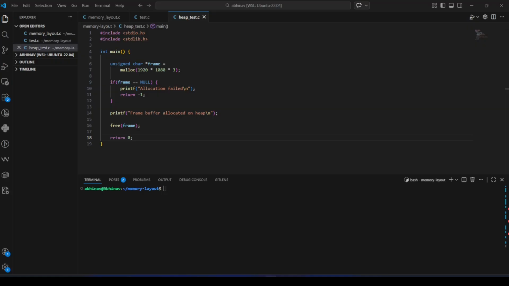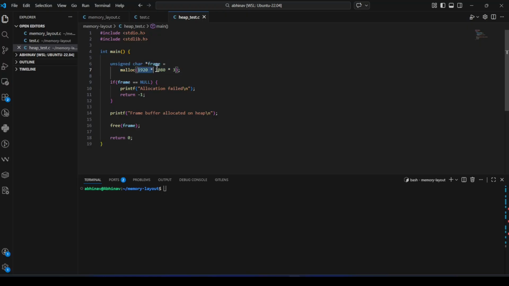Since stack space is limited, you have to place the large video buffers we use in multimedia systems on the heap instead of the stack, so that stack overflows or memory crashes don't happen. Okay, so let's go into the heap example. Here you can see an allocation being made in the heap using the malloc function.